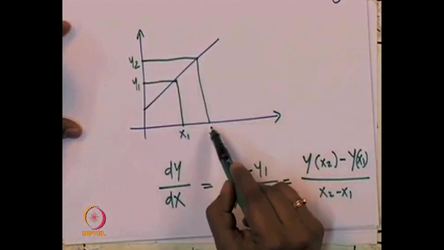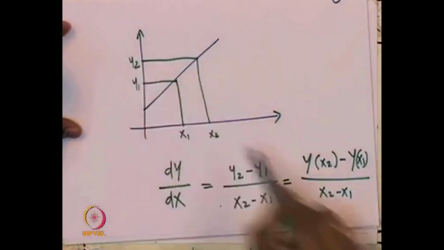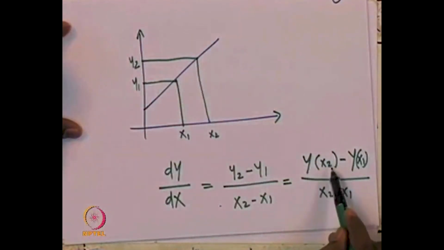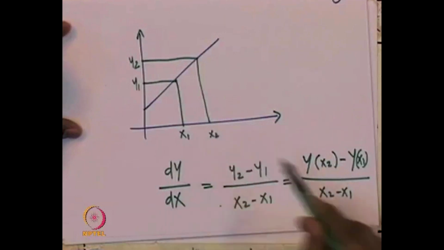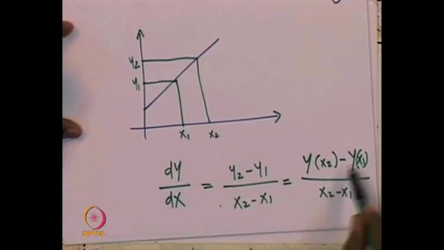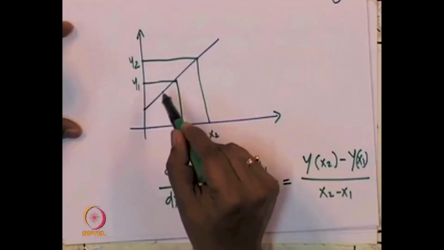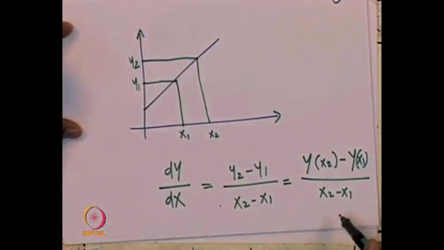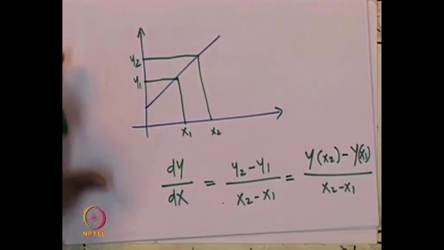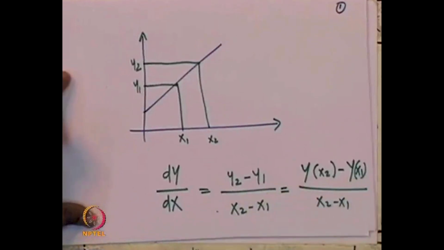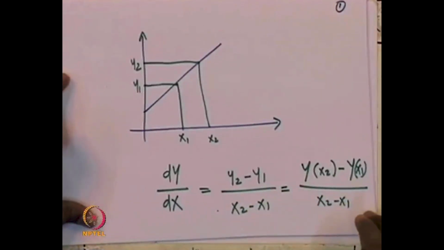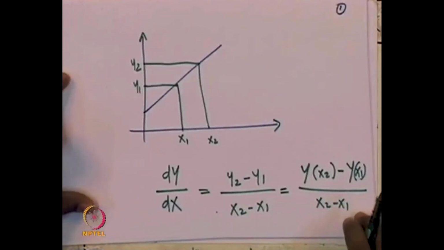For a value x2, what is the corresponding y value? That is, y of x2 means the y value corresponding to the x value x2. If you subtract from that the y corresponding to x1 and divide by the change in x, x2 minus x1, you get dy by dx. This is all the same thing, but it can be written in different ways, and in some books you will see it differently.